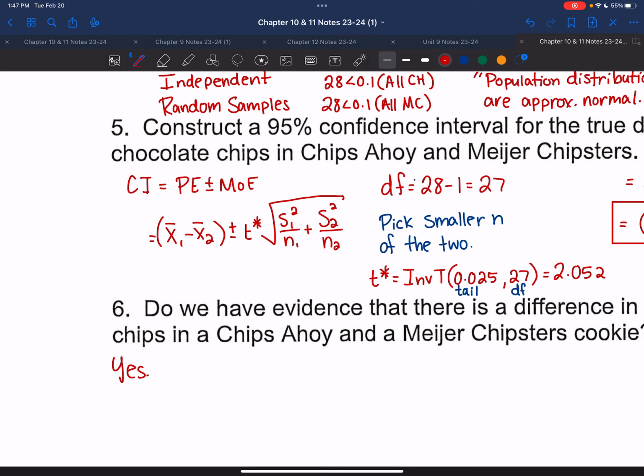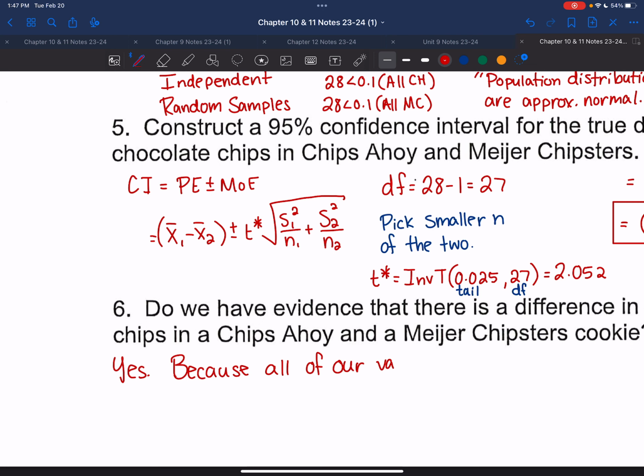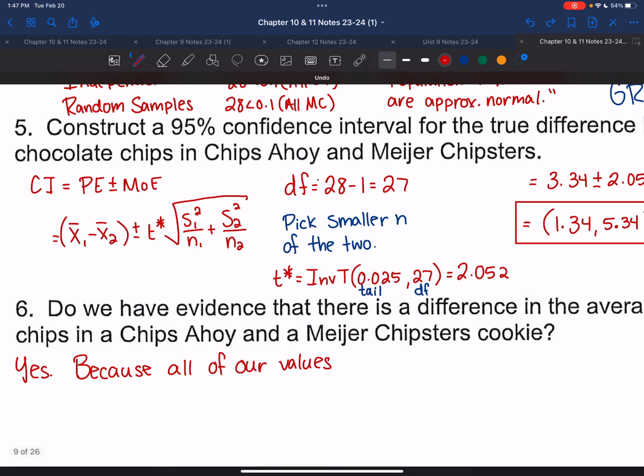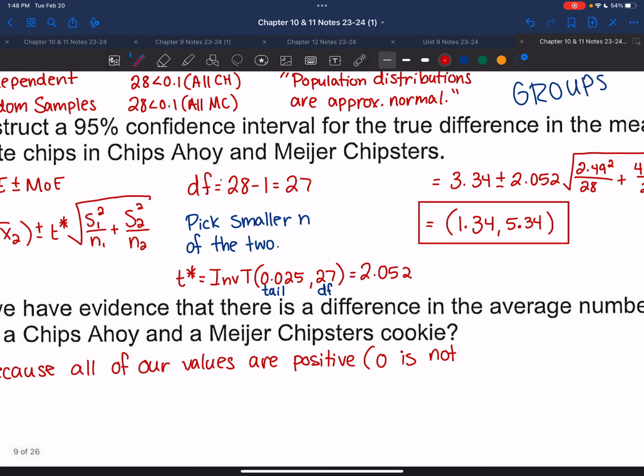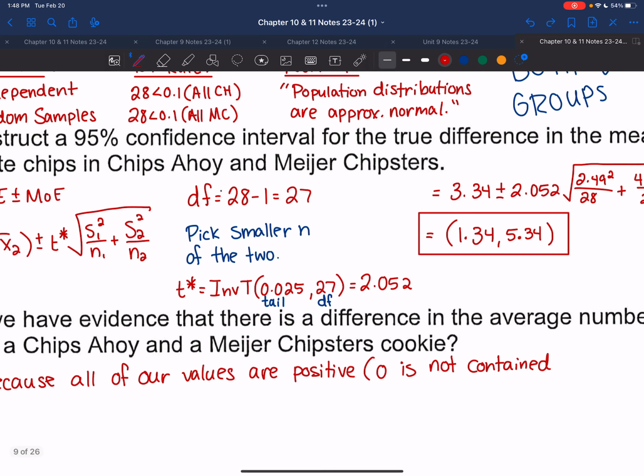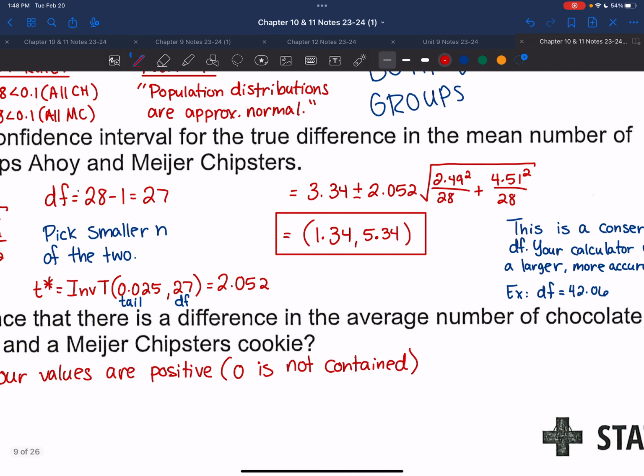Yes, because all of our values are positive. In other words, 0 is not contained. We have convincing evidence that there is a difference in the average number of chocolate chips.